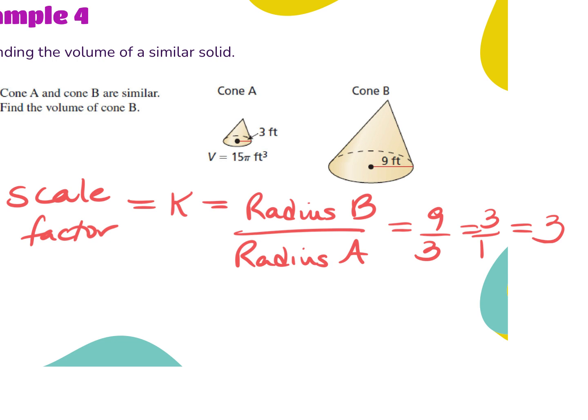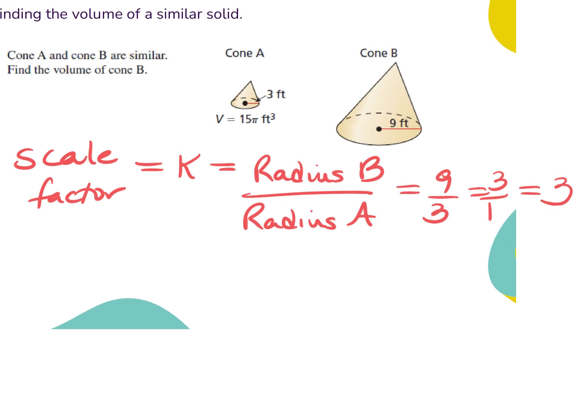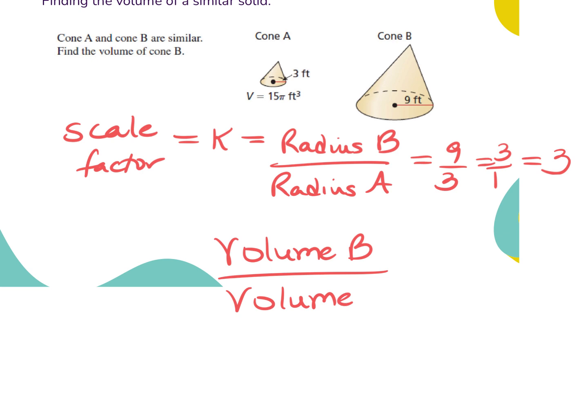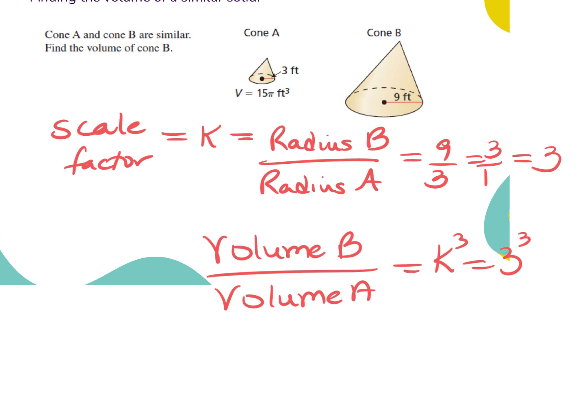Now, if they just ask you to find the missing volume, you could put A over B. You don't have to do B over A. So then, when we're trying to find the volume, the volume of B over the volume of cone A, we take that scale factor and we need to cube it.